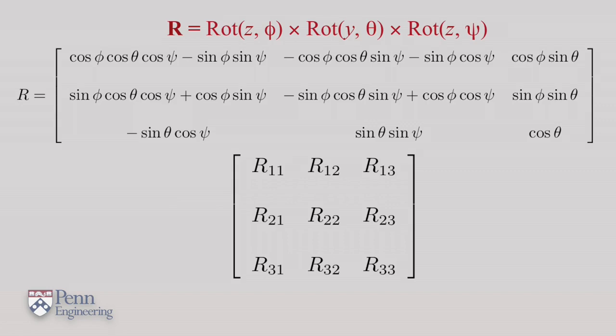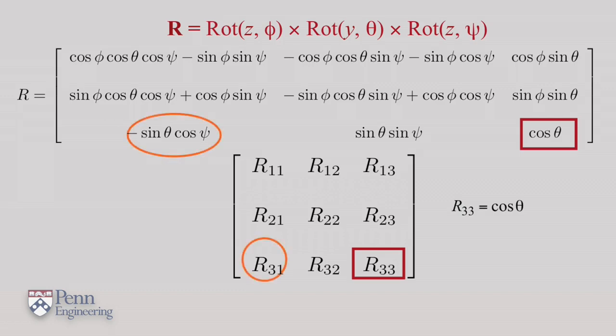You will see that by equating the 3,3 element in the bottom right-hand corner, if I know R33, I can calculate what theta is. So that equation tells me what theta is. Likewise, if I know what theta is, I can look at the 3,1 element and calculate what psi is.